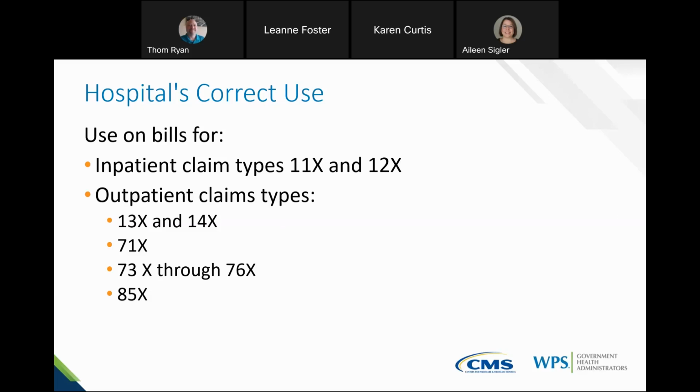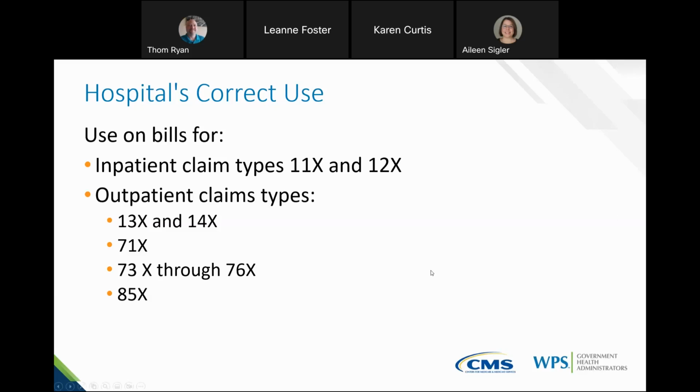CMS does have a clarification on the hospital transfer policies in the Medicare Learning Network Matters article, and that is SE 1411. So when you're looking at using it for a hospital basis and looking at the transfer policy, you want to make sure you check that out. It does give a couple more scenarios and types of information, a little bit more than even just the two scenarios I gave, which were super brief and hopefully easy to understand.